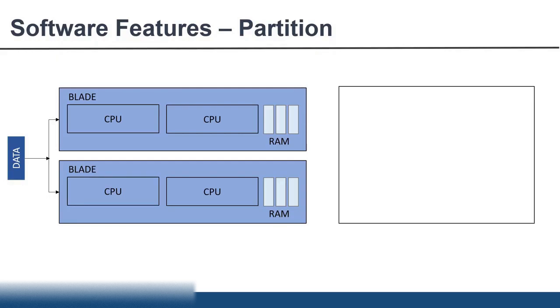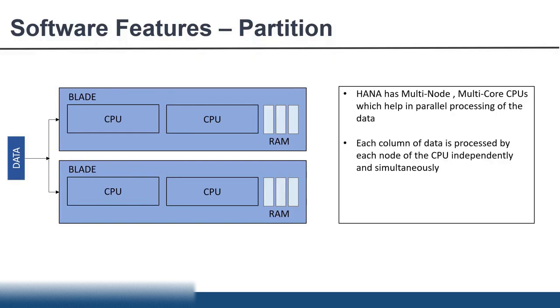So this is another important reason why SAP says to go for column store tables instead of row store tables. The first reason is that the data gets compressed at the backend.